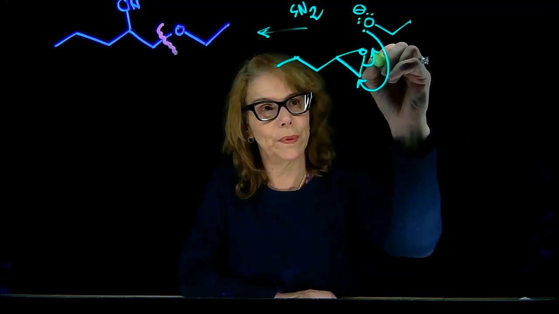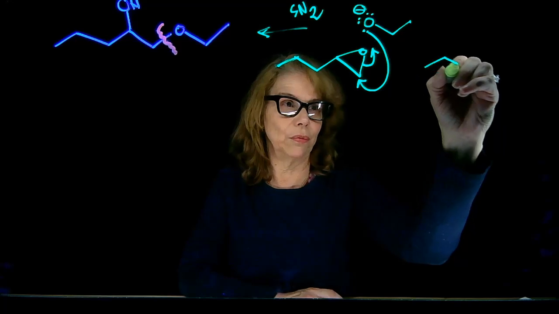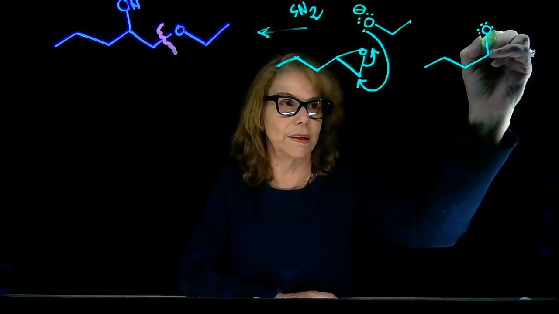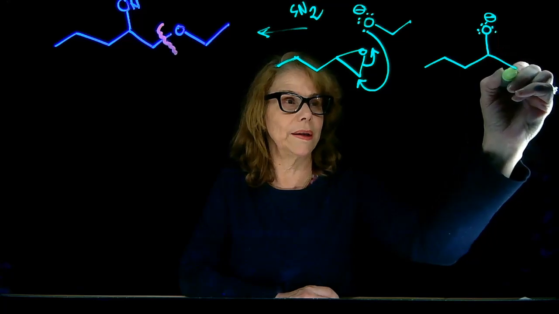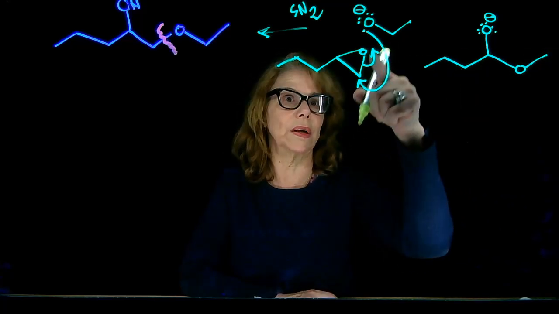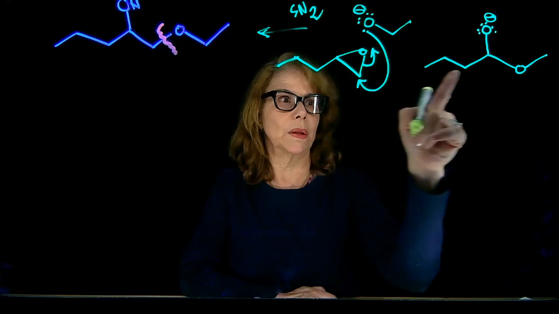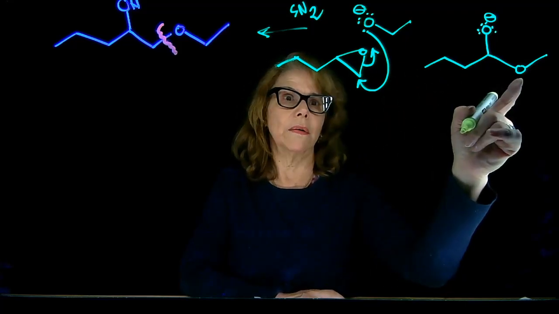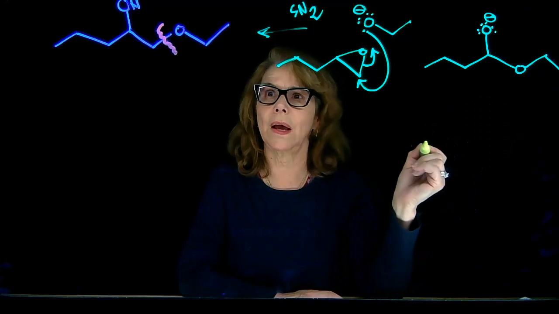And so you will open that up, and that would lead to the formation of the alkoxide here on one end, and I'm going to have the other carbons, say 1, 2, 3, 1, 3, 4. That I'm going to have that.